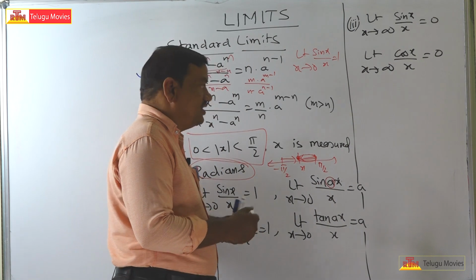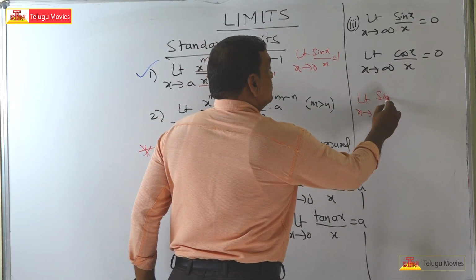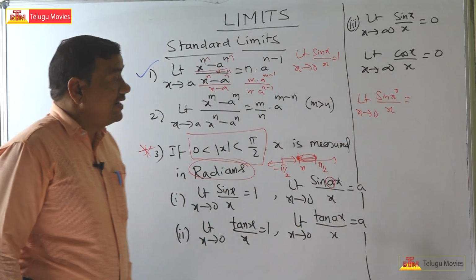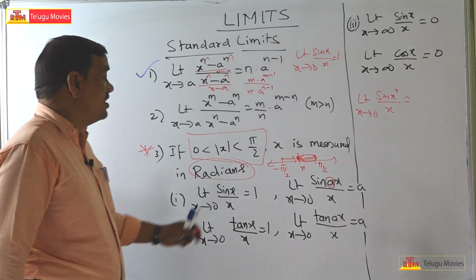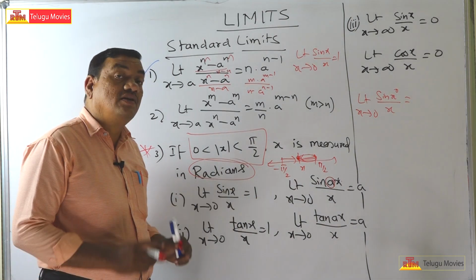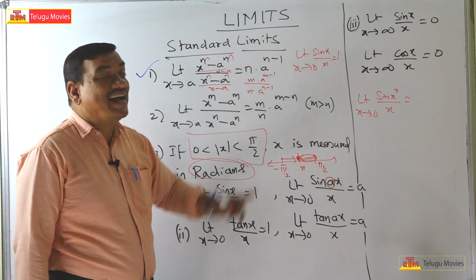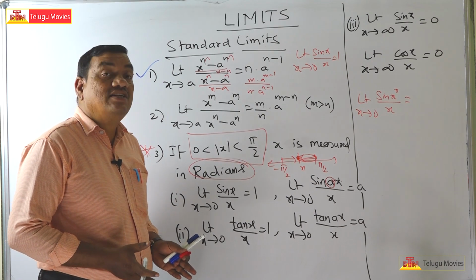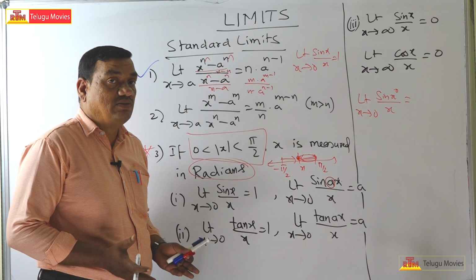Now my question is, what is the value of limit x tends to 0, sin x degrees by x? It is not equal to 1. Why? Because I already told you that x is measured in radians, but here x degrees means the unit of angle is degrees, that is, the angle is measured in the sexagesimal system.